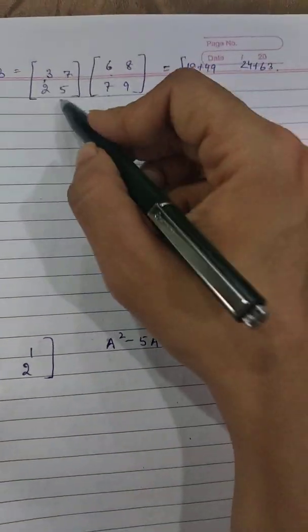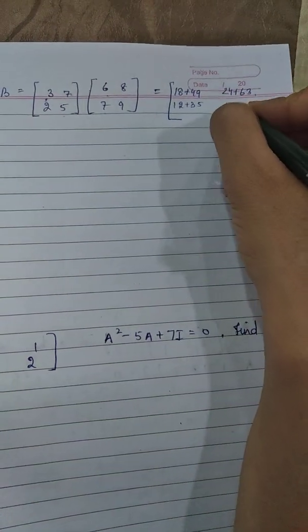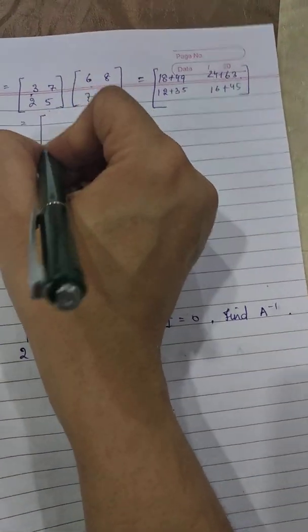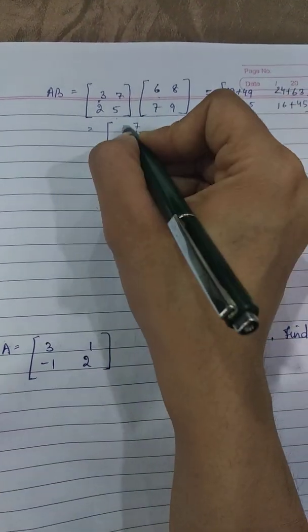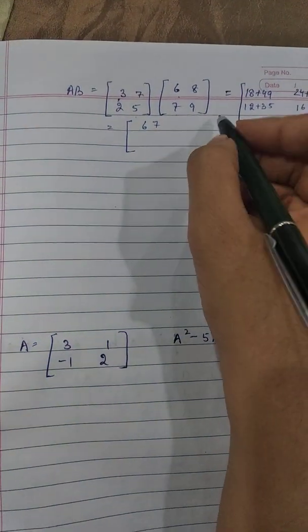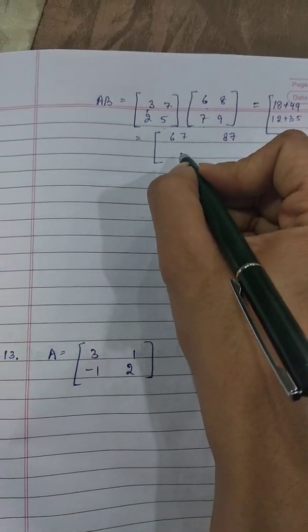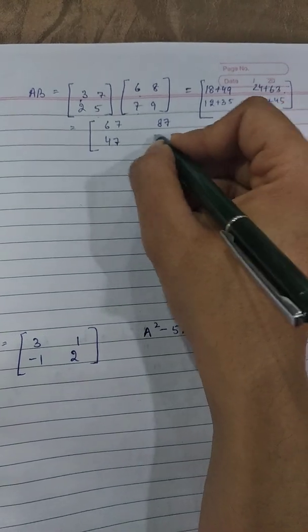Likewise, we have 12 plus 35. And here we have 16 plus 45. So this is 67. Likewise, this is 87. This is 47. And for this we have 61.